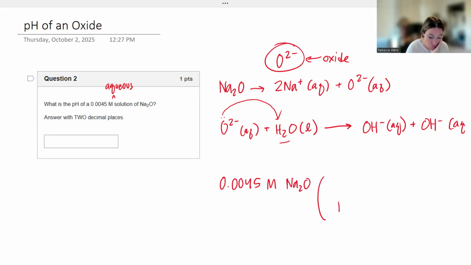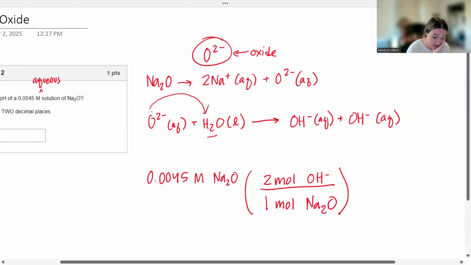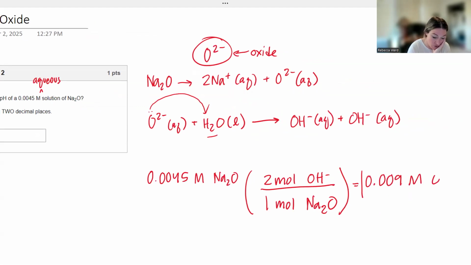I know that for every 1 mole of Na2O, I'm generating 2 moles of OH minus. So now I know that I have 0.009 molar of OH minus in solution.